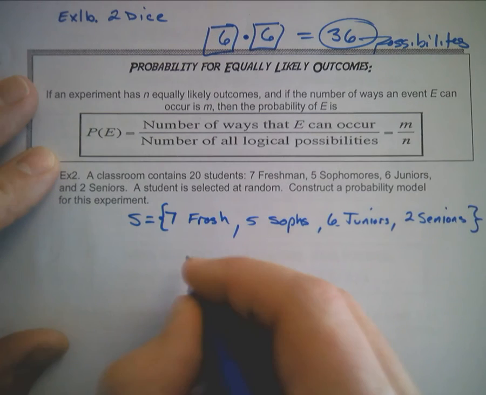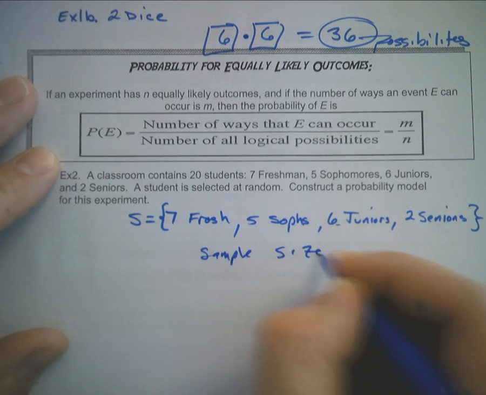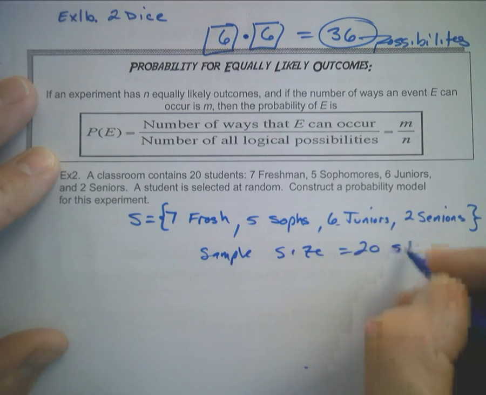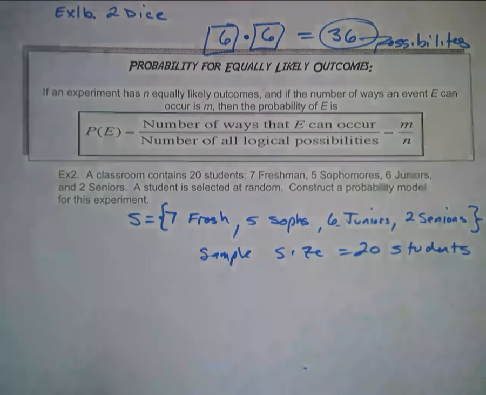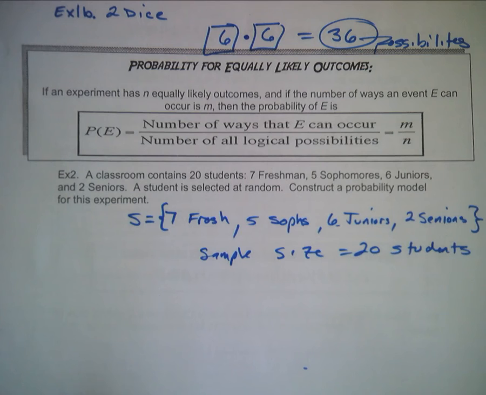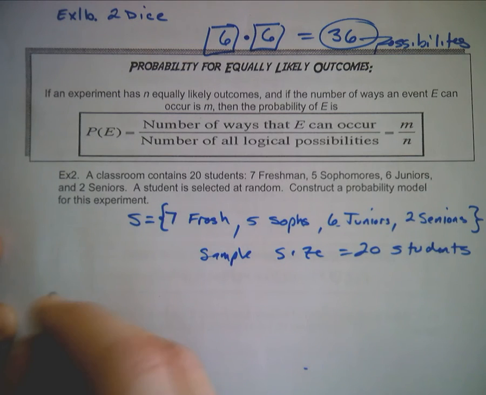And my sample size, we know, is 20 students. Now when I create the probability model, I'm going to figure out the probability of grabbing each one of those. So what's the probability that I grab a freshman?